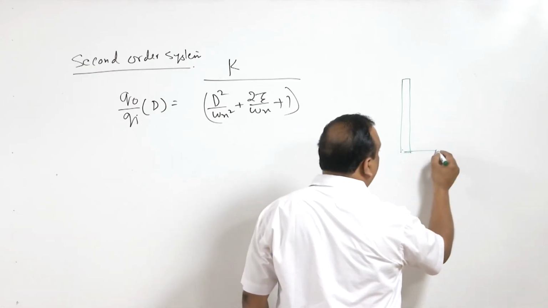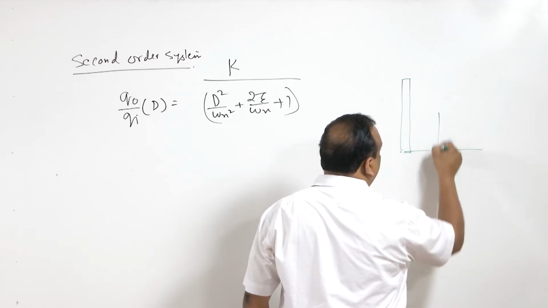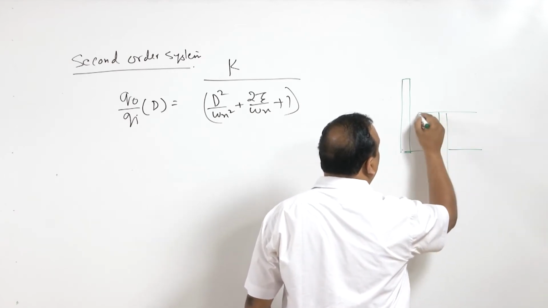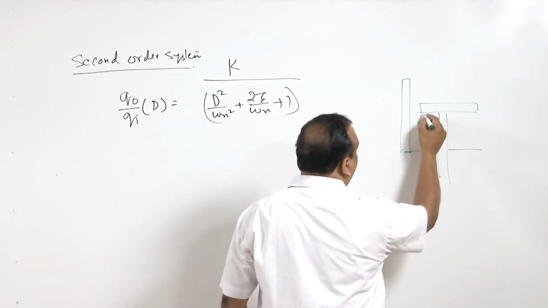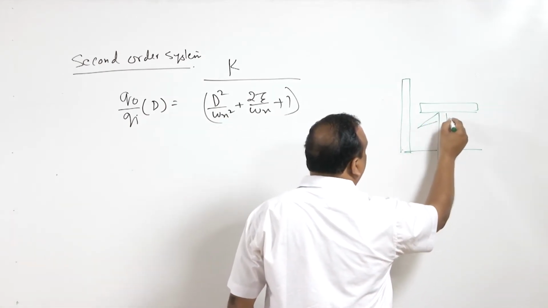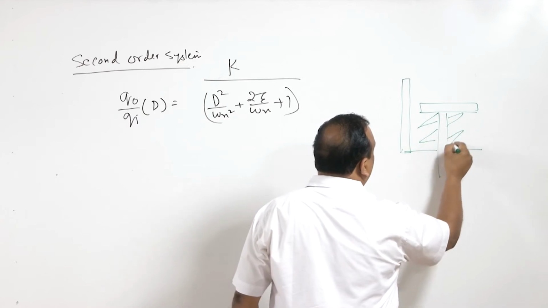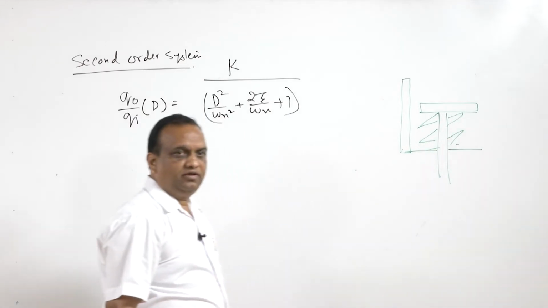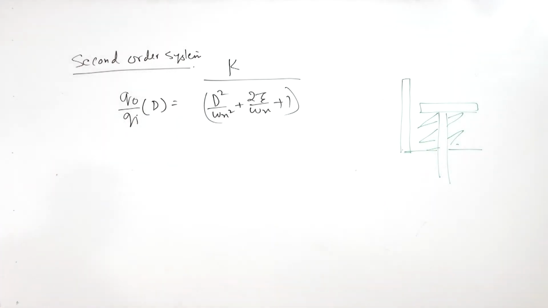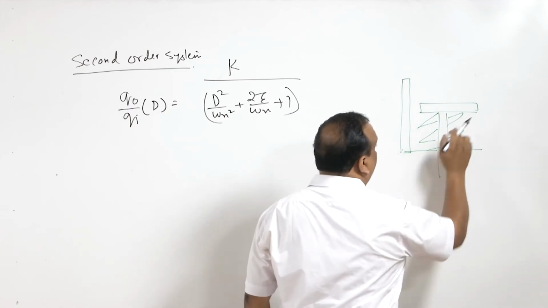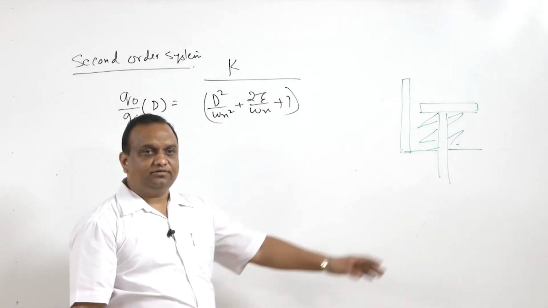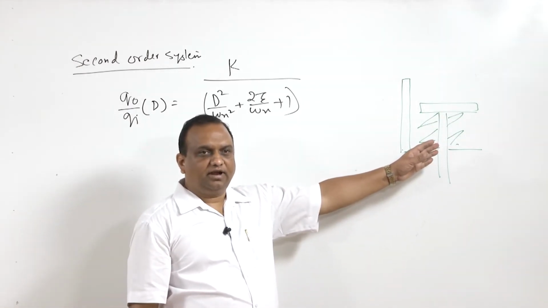And there is a shaft. On this shaft there is a platform, and the shaft is mounted over a spring. Normally it is assumed that it is a weightless spring. If the spring has weight comparable to the applied load, then 1/3 of the mass of the spring is added, right?